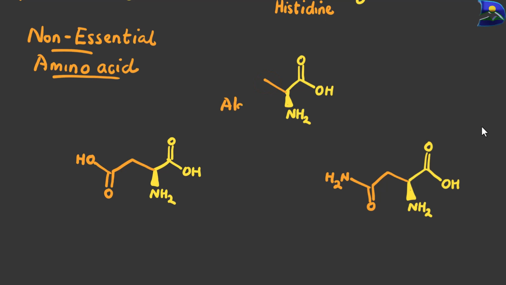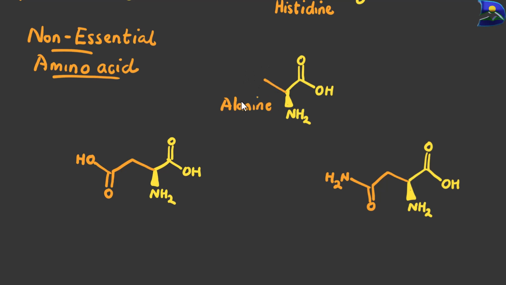Now, alanine is known to be what? Really non-polar, which means that it is not water-loving, or it is hydrophobic, because of the methyl group that is present as the R group.